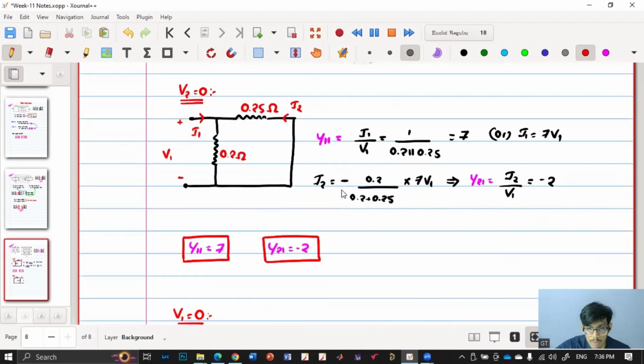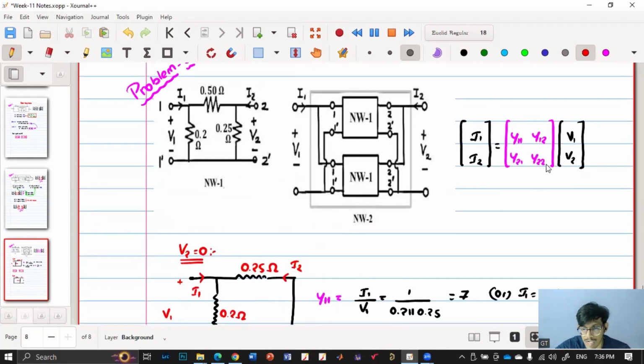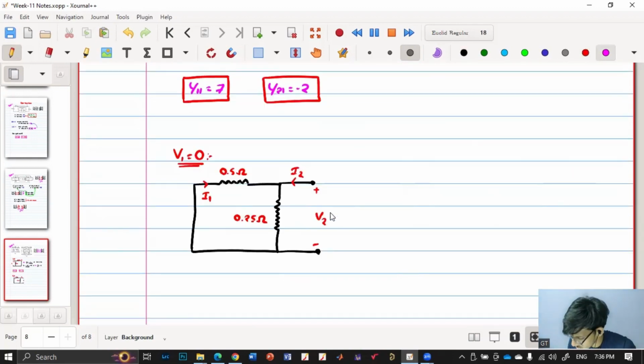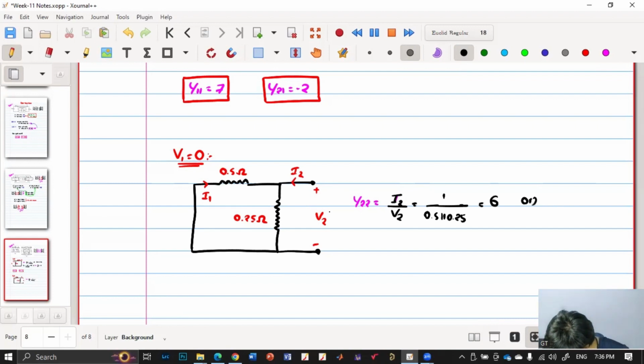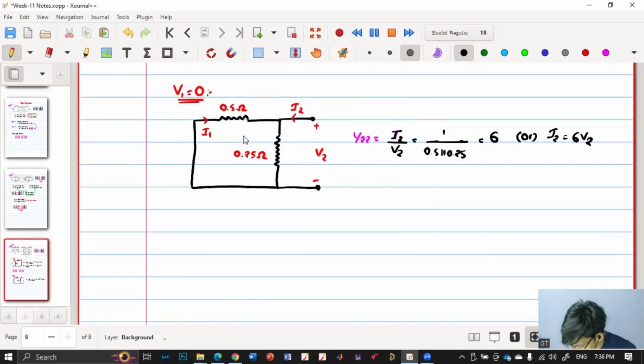So if I calculate I2 by V2, it will give Y22. So my Y22 is I2 by V2, which is 1 by 0.5 parallel 0.25. If you calculate this, you will get 6. Or we can say my I2 is 6 V2. Got it? Now I have to get I1.